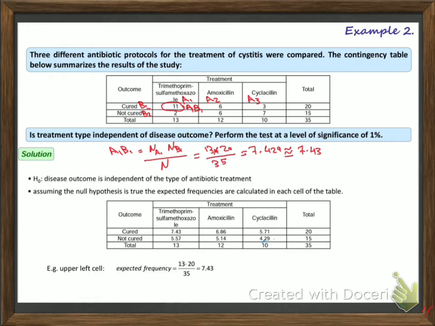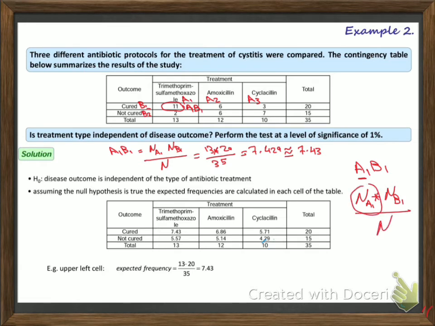So A1, as I told you, this is the way we can memorize A1, B1. I'll take the sum of A1, which is called N A1, times N B1, divided by the total number N. So what is N A1?